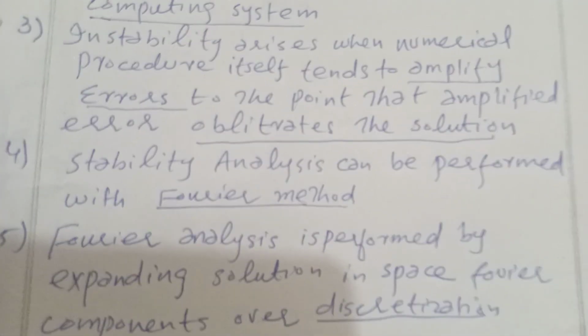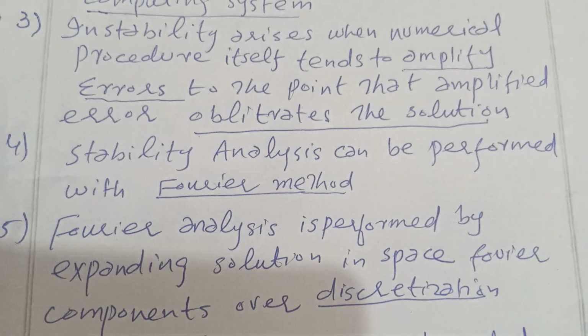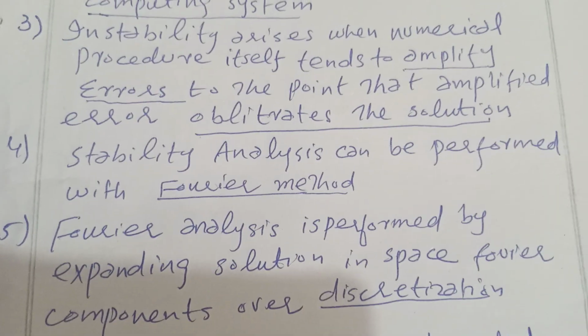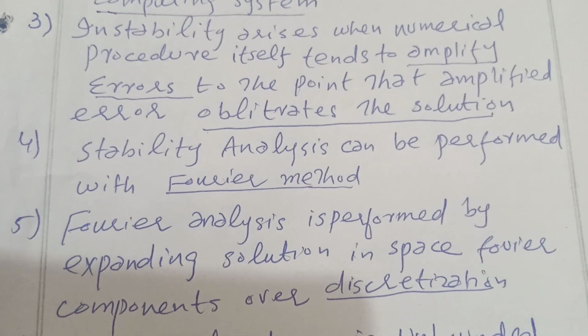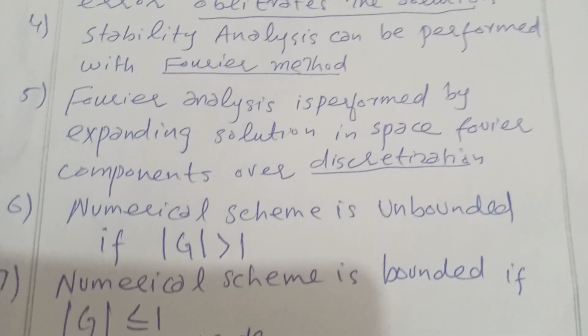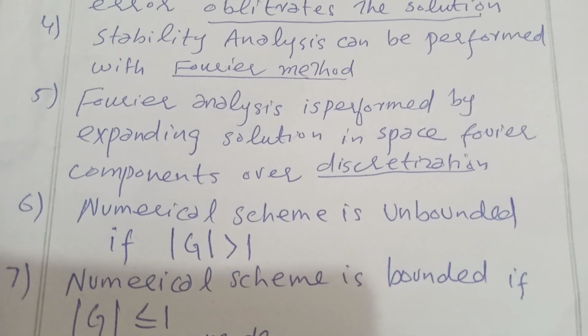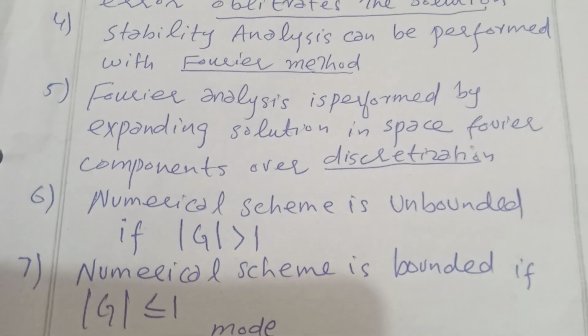The third one is, instability arises when the numerical procedure itself tends to amplify error to the point that the amplified error obliterates the solution. Number four is, stability analysis can be performed with the Fourier method.